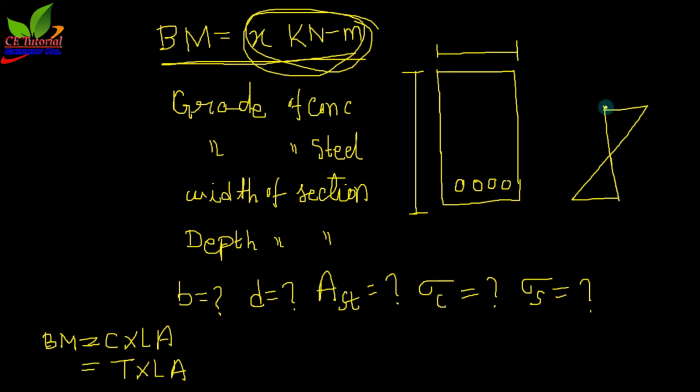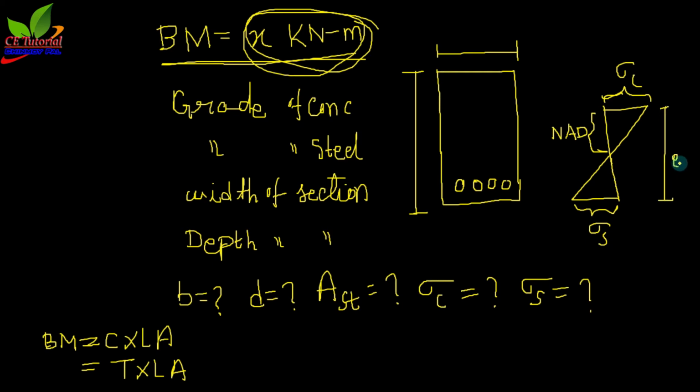In this stress diagram you can see that one parameter is sigma C, another parameter is sigma ST or sigma S, another parameter is neutral axis depth, or another parameter is effective depth.